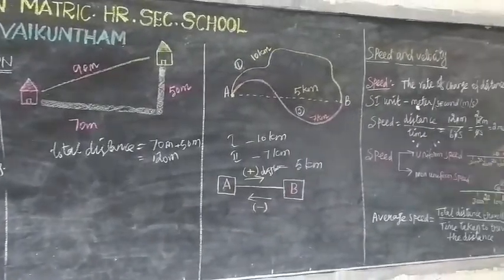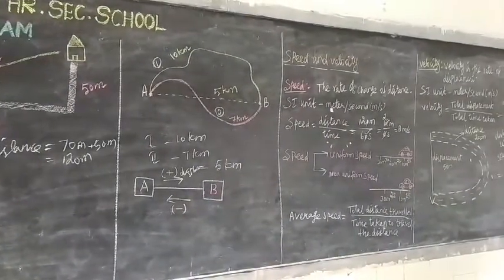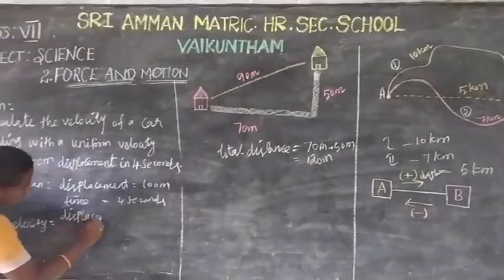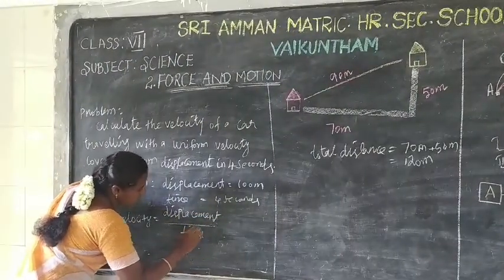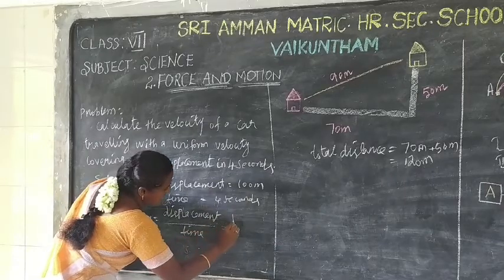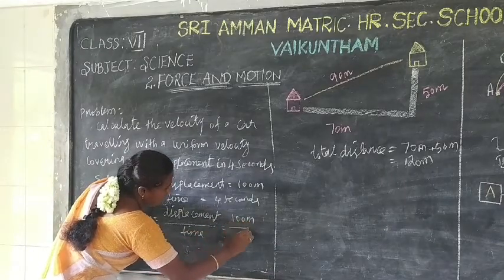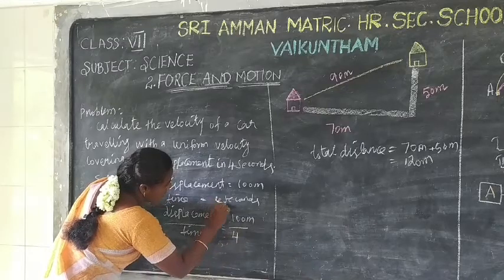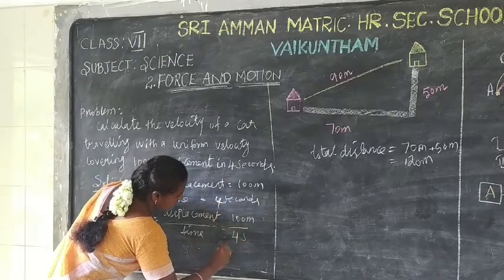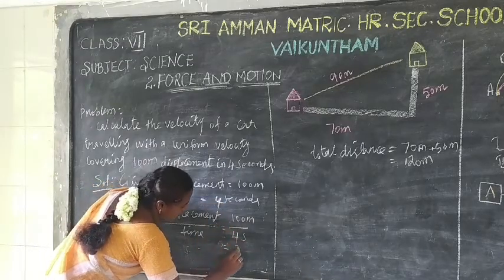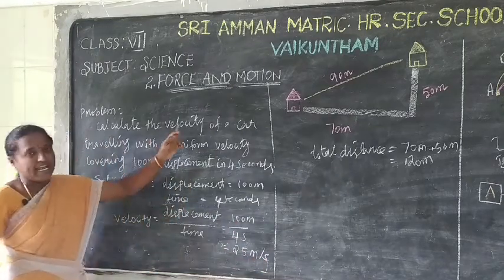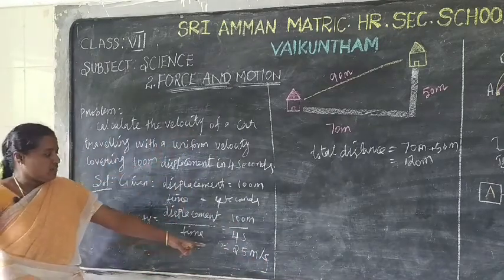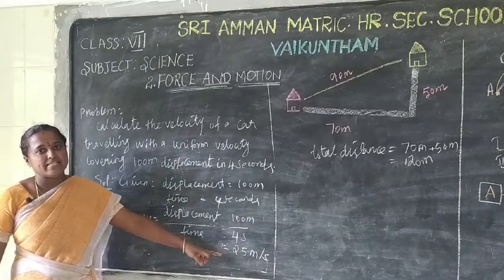Displacement divided by time taken. Displacement is 100 meter and time is 4 seconds. 100 divided by 4, 25 meter per second. The velocity of the car is 25 meter per second.